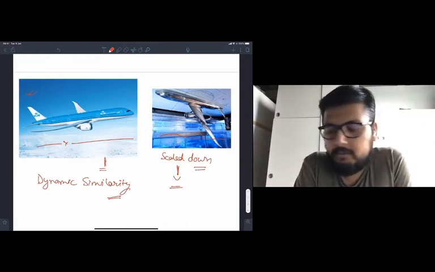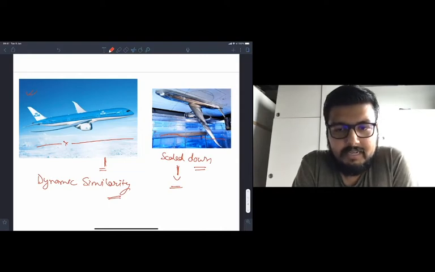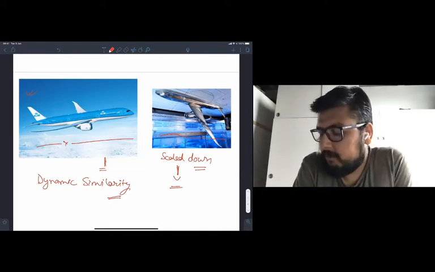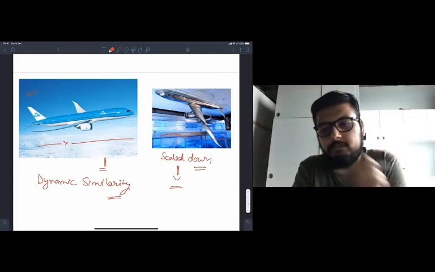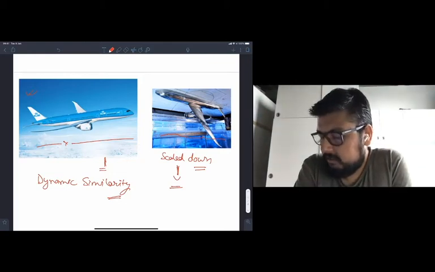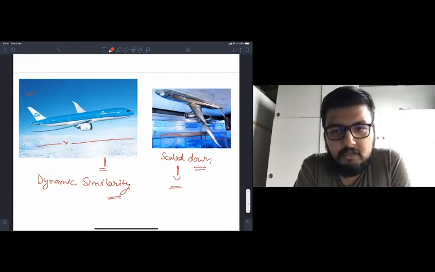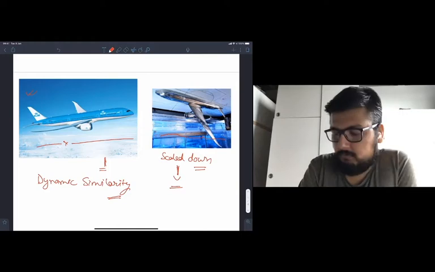So it will be very difficult to simulate something which is as big as an actual aeroplane, and then I will have to take certain assumptions, and I will probably use a scaled down version of that. And then that's where these non-dimensional numbers and the concept of dynamic similarity will be very useful.